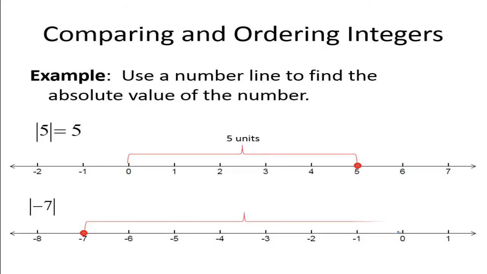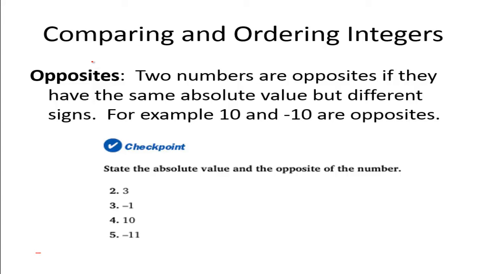Negative 7 is 7 units away from 0, so that means that the absolute value of negative 7 is equal to 7. Remember, I said absolute value is never negative because the distances are never negative, okay?